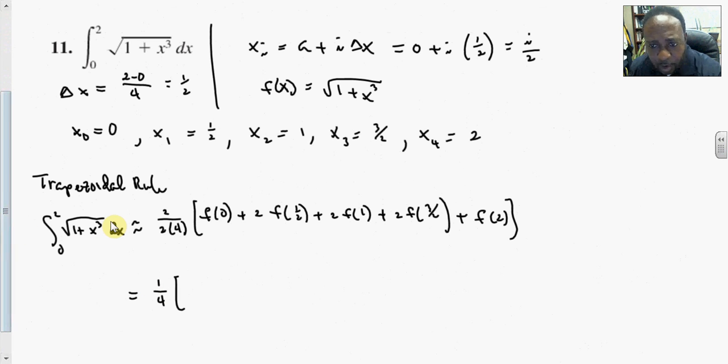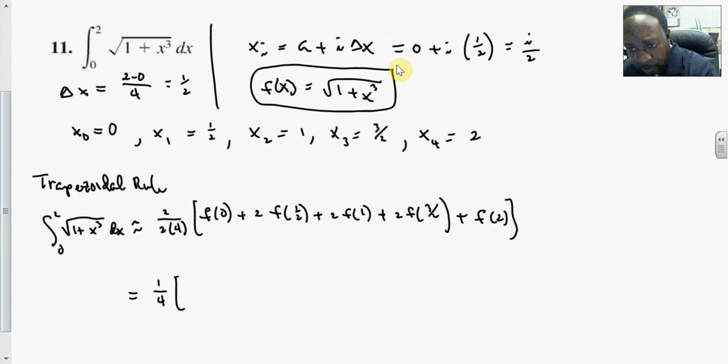Now f of 0, you plug that into this function. So f of 0 is the square root of 1 plus 0, we just get 1. Plus 2 times, you plug in x to be 1/2, the square root of 1 plus the 1/2 to the third.